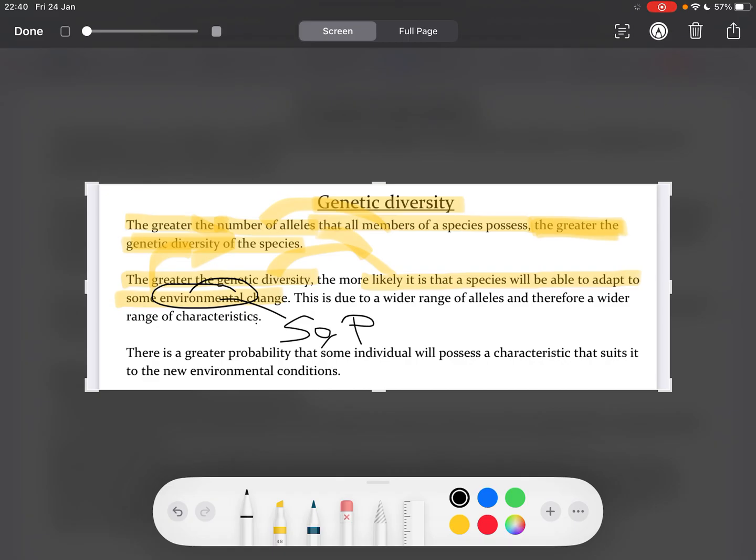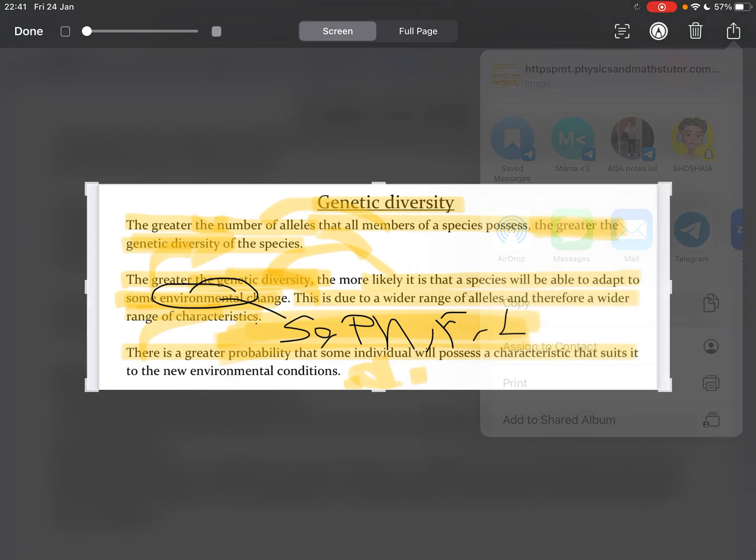So soil for plants, the soil pH, food availability, light, etc. Is it a really good thing to adapt to this, or is it better to die? In biological terms, it's better to adapt. So since it's better to adapt, greater genetic diversity is great, because this is due to a wider range of alleles and therefore a wider range of characteristics, which will help individuals possess characteristics that suit the environmental conditions.